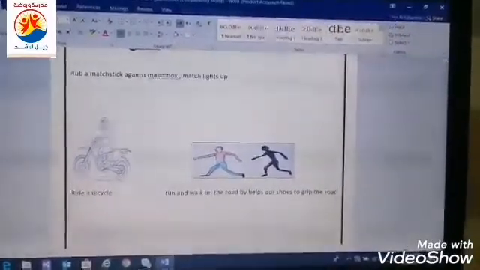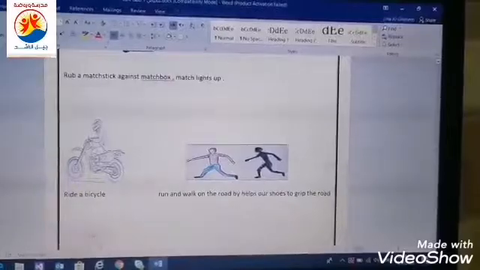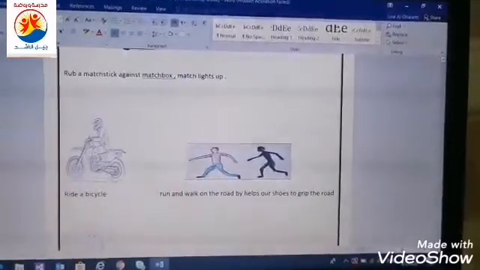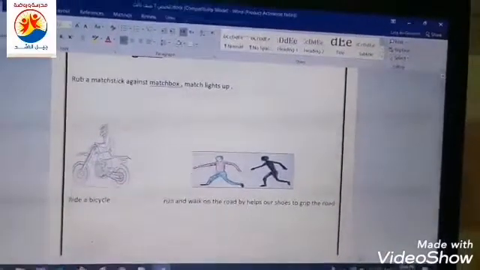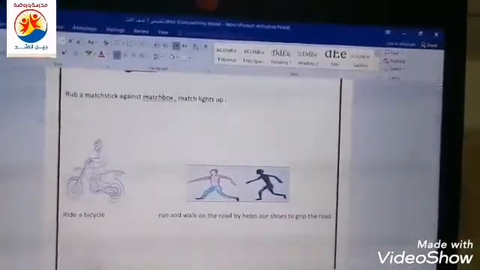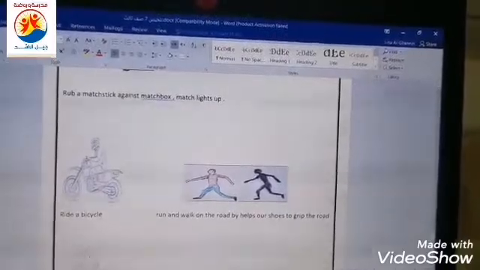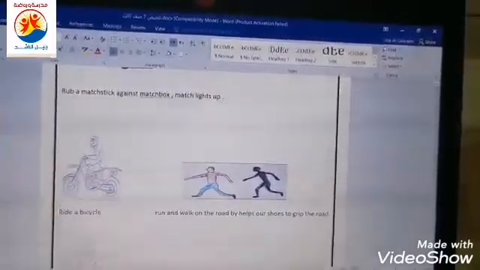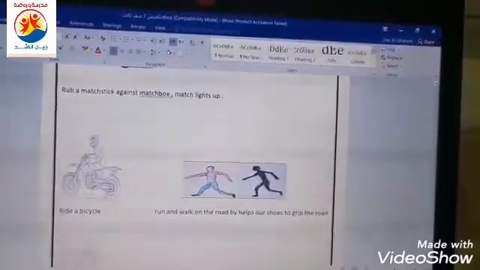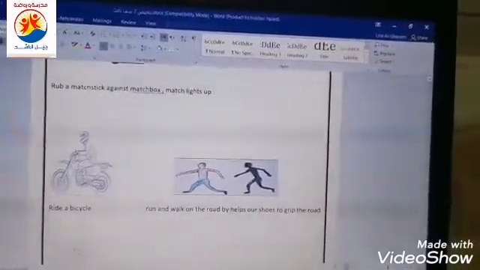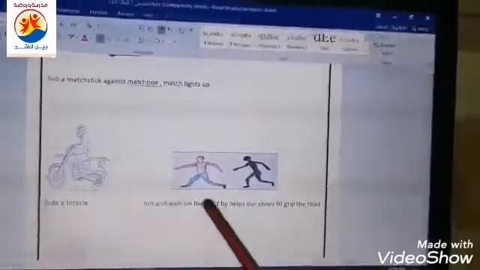Friction helps us to run, walk and ride a bicycle. It helps our shoes and the cycle tire to grip on the road.